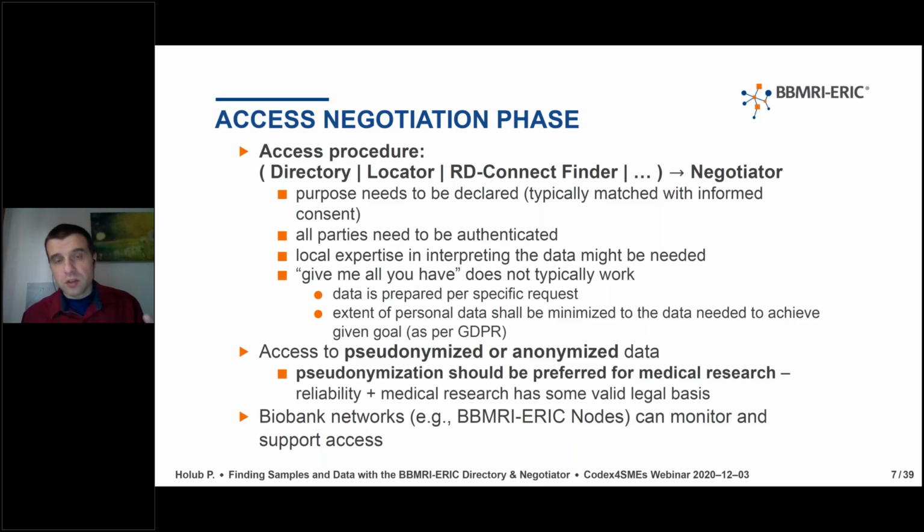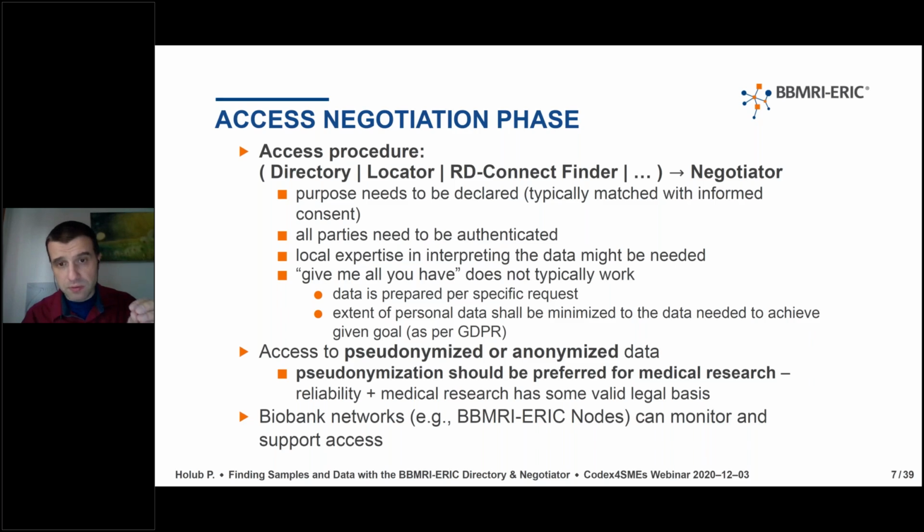The second thing is, when you're filing a request, you need to declare the purpose. This is the point where the biobanks, when they investigate availability of the biological material and data, investigate not only if it's generally available, but if it's available for a particular purpose.